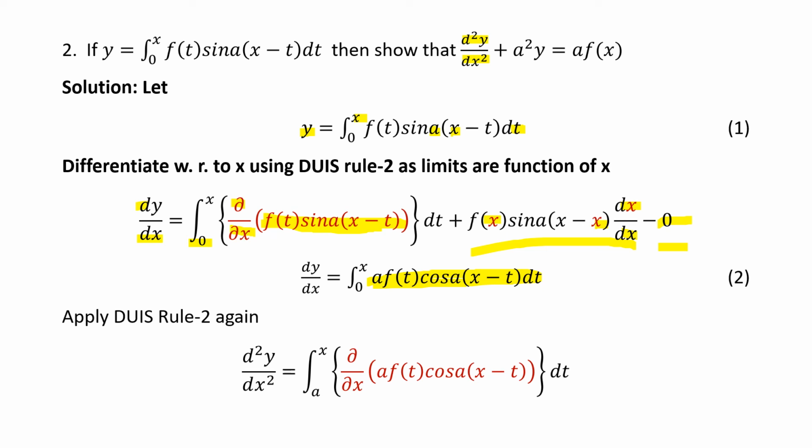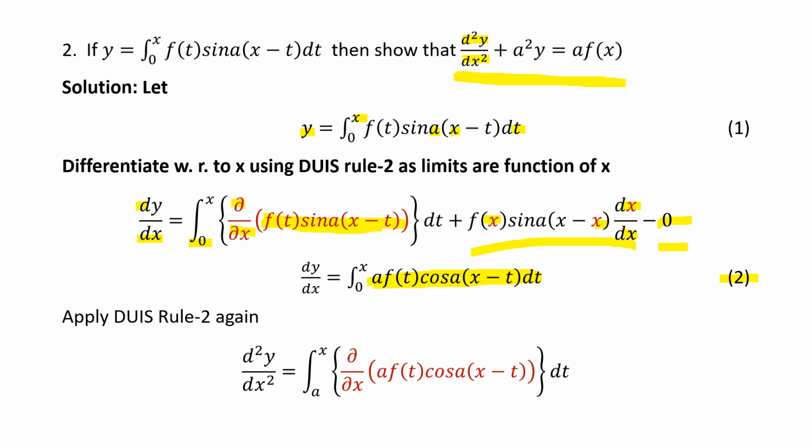Assume it is your second equation. In the question we have to prove d2y by dx square plus a square y is equal to a into f of x. That means one more time we have to differentiate, because we need d2y by dx square. So one more time we apply Leibniz rule 2.